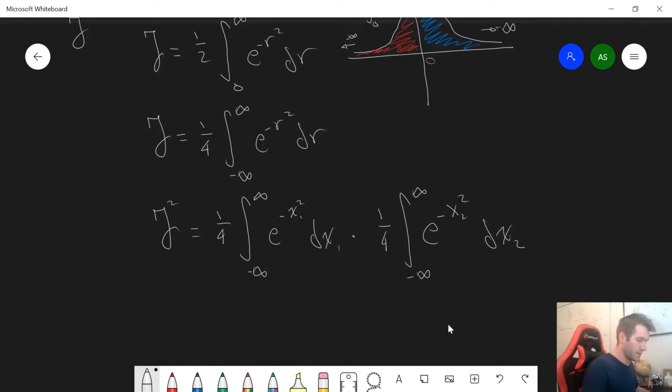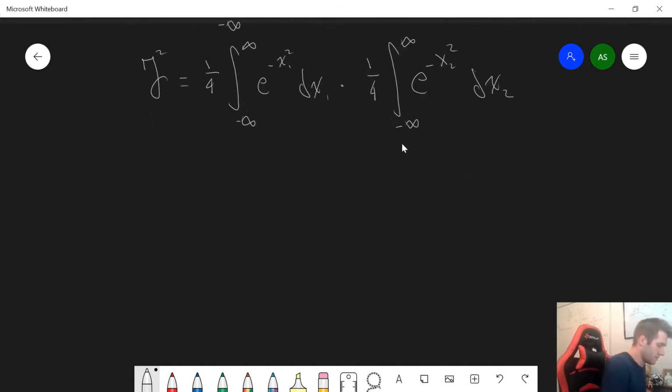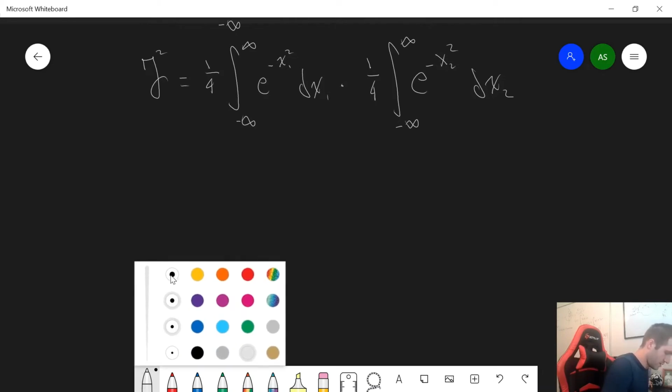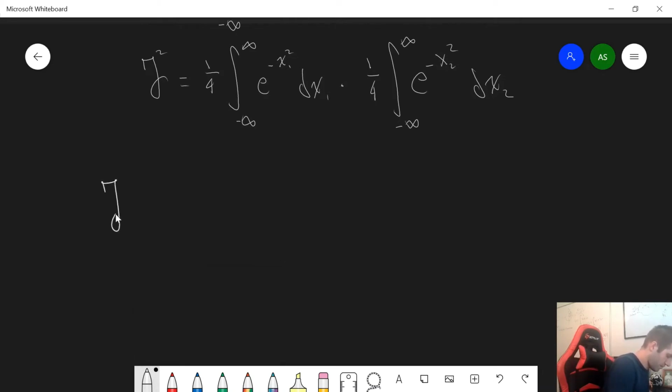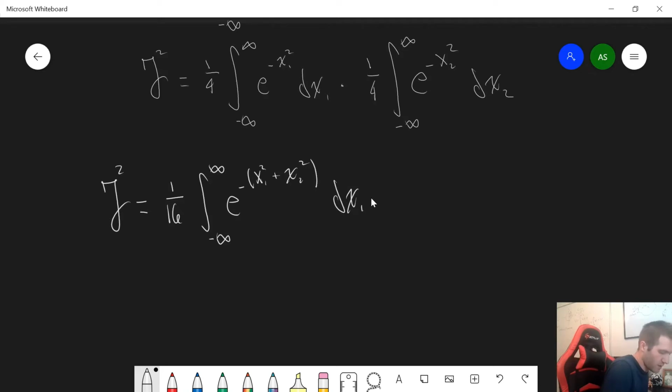Okay, so if we just combine these, our j squared is equal to 1/16, with our integrals from negative infinity to infinity, of e raised to the negative x1 squared plus x2 squared with respect to x1 and dx2.